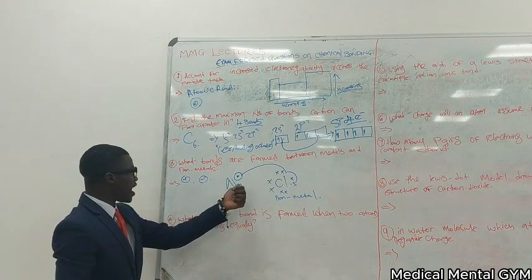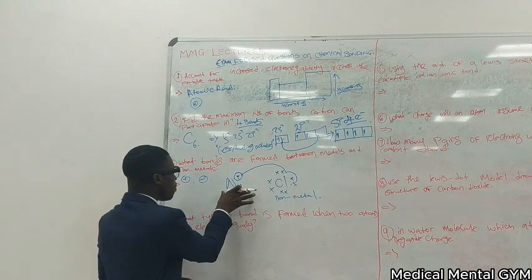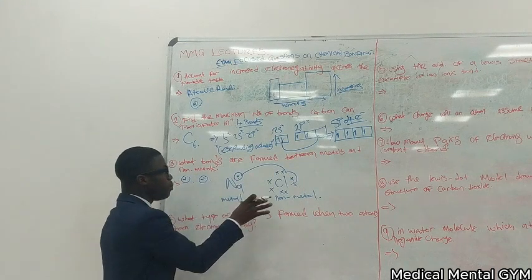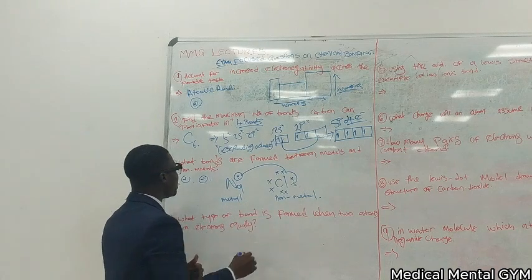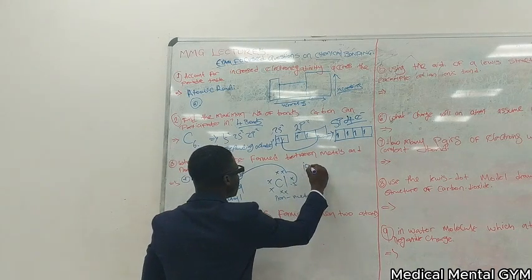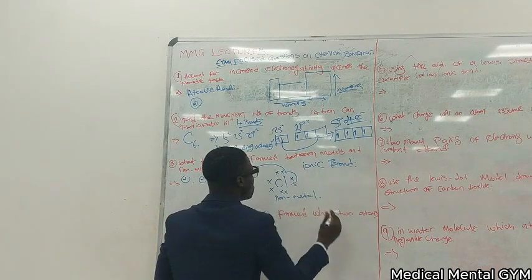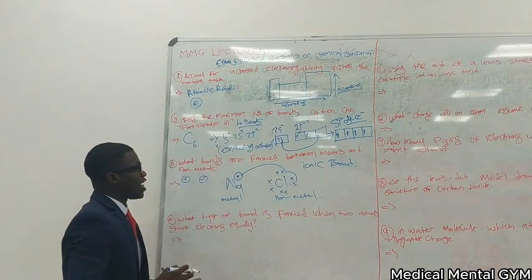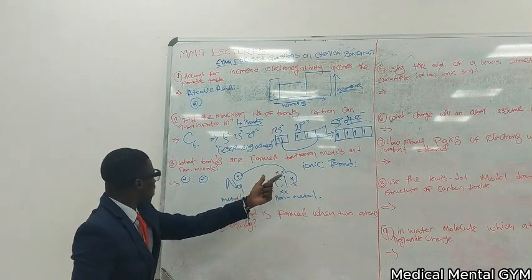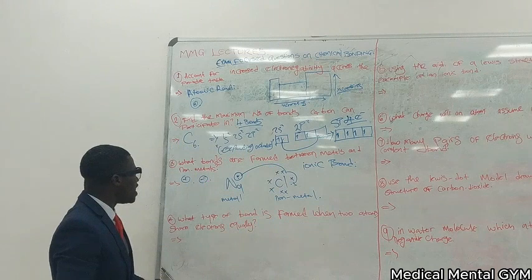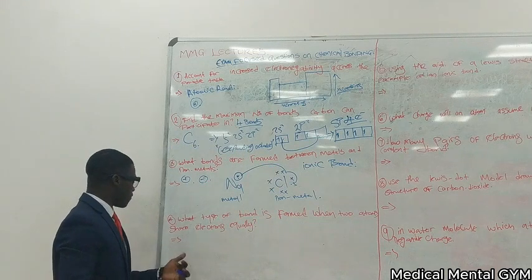The exothermic transfer of this electron from the orbit of sodium to the orbit of another atom, chlorine, is what we're calling an ionic bond. So keep in mind that an ionic bond will be formed when a metal and a non-metal are involved in a chemical bond.